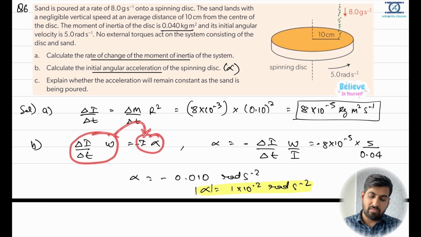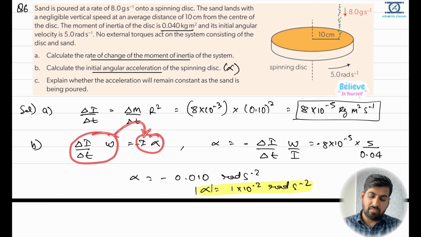So we can use the rate of change of angular momentum. Using this, we can say that alpha is equal to the rate of change of moment of inertia upon omega, into omega upon I. If you have not understood, please comment below.